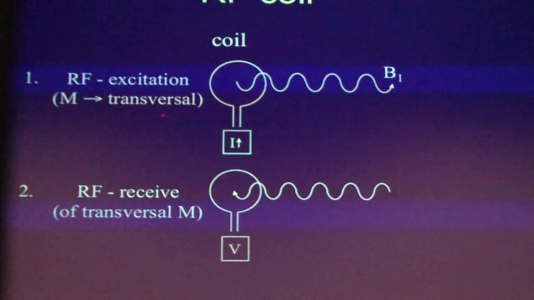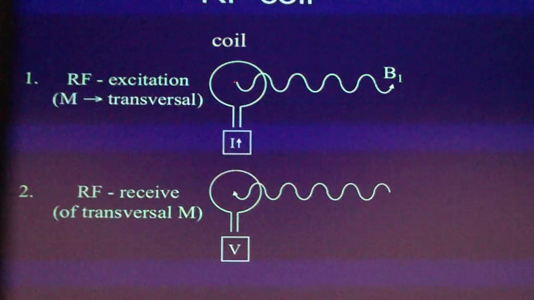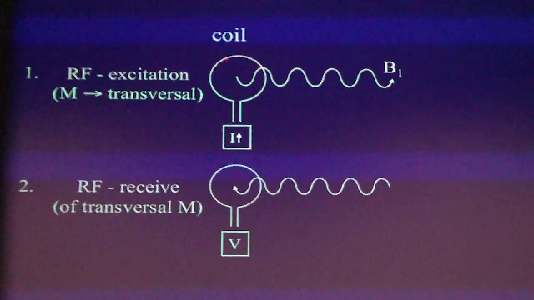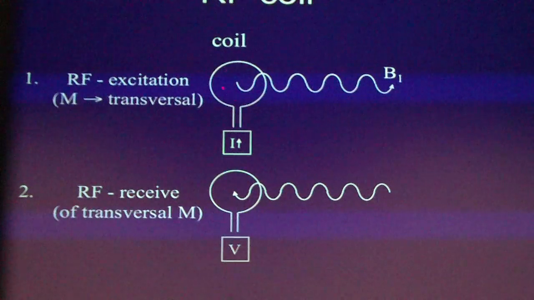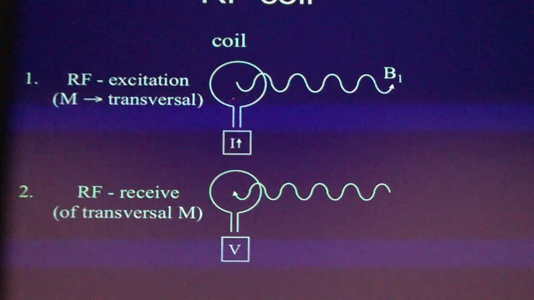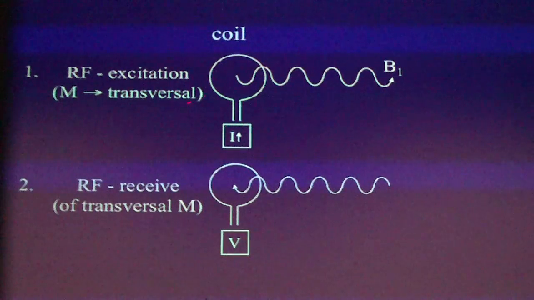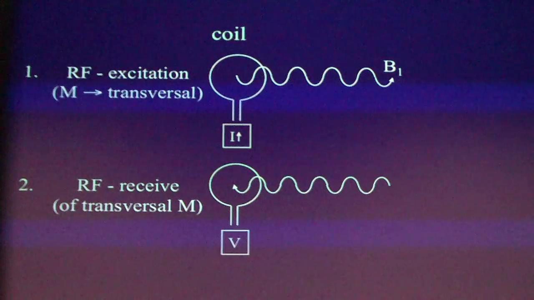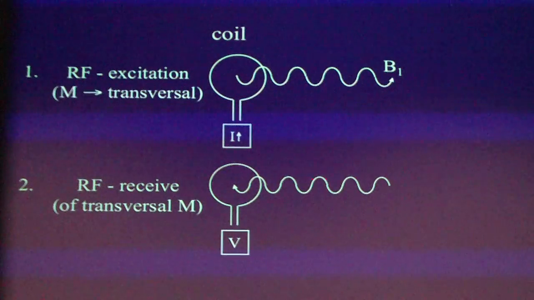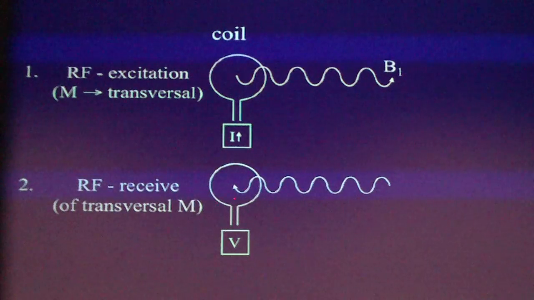So I said we have the coil which generates a magnetic field with a certain frequency to change the orientation of the magnetization. That's the excitation. We also have the coil to do the measurement, where the change in magnetic field will induce a current, which is actually your measurements.